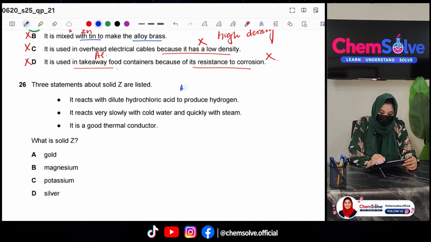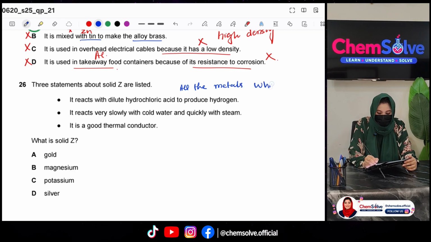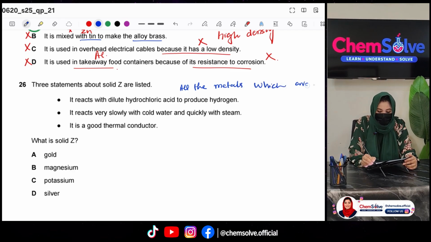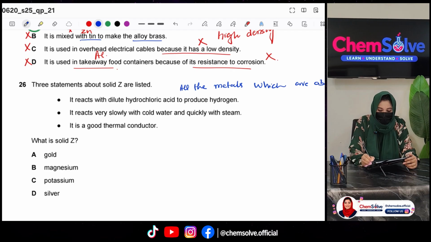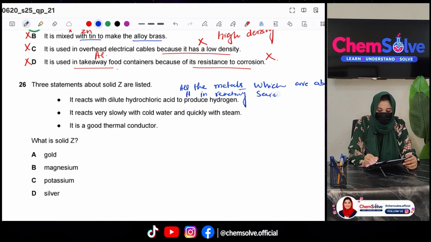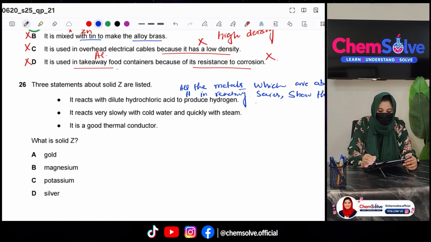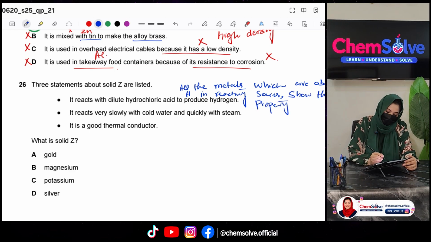So I will write: all the metals which are above hydrogen in reactivity series show this property.